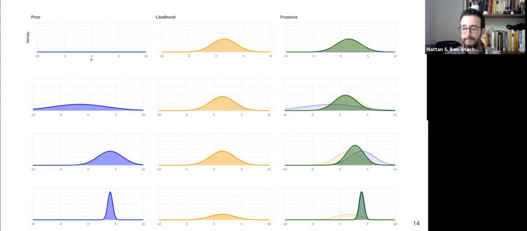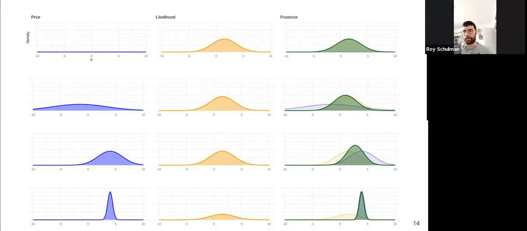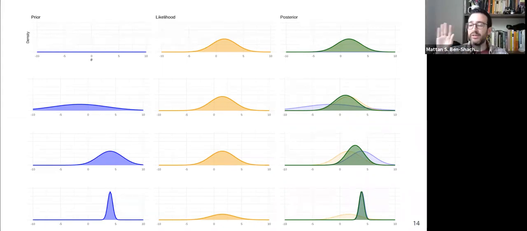Right. Okay, so in that case, could you say a bit more on how you would determine the rope? Because you talked about how one would determine the prior, but not how one would determine the rope. Well, the easiest case would be if we're looking at some treatment. Let's say I want to have a vaccine for some virus. My rope, my region of practical equivalence, a range that is non-interesting, would include the case where the vaccine makes people sick.